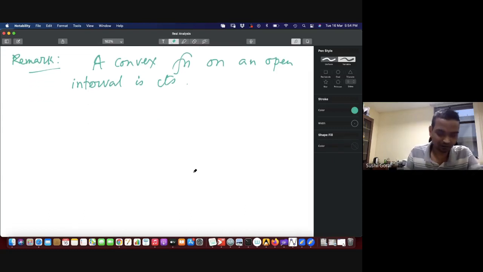All right, so let's go to the behavior of the function. Here is a theorem.